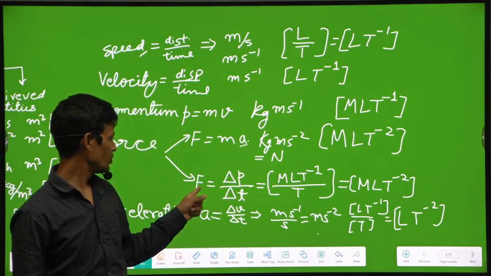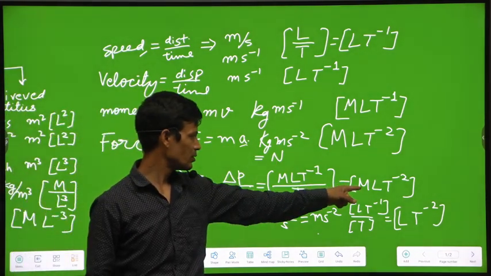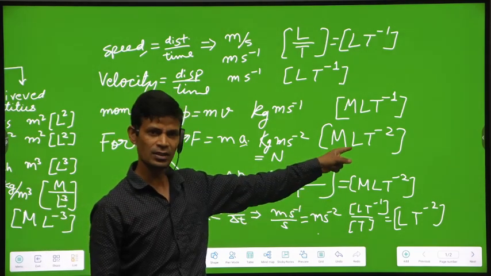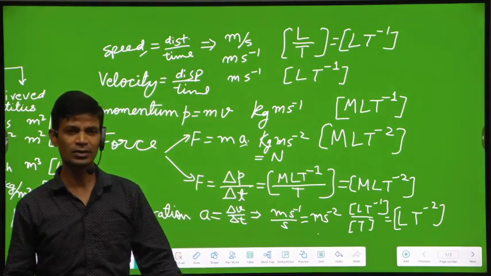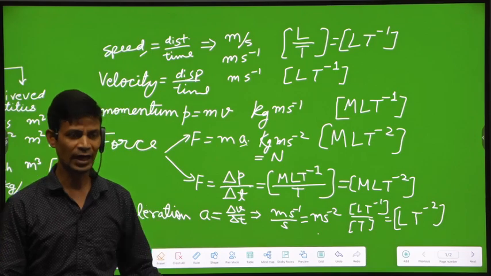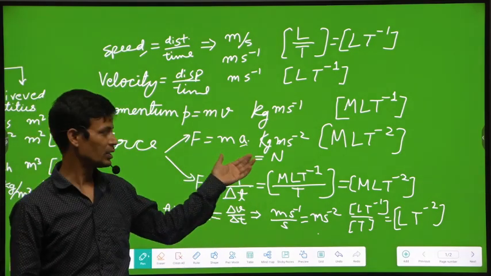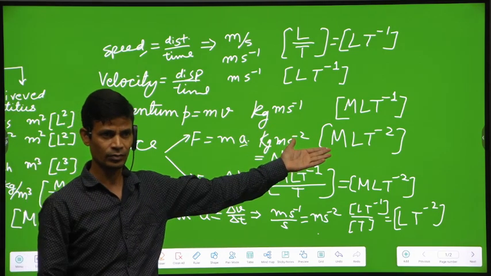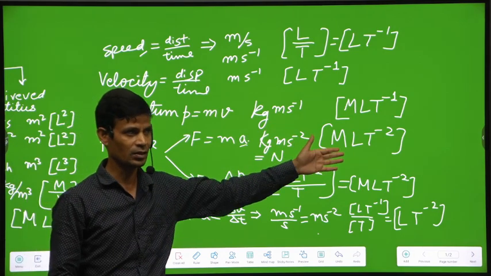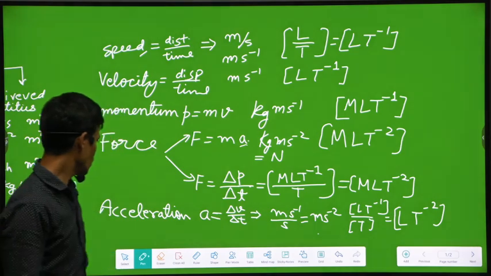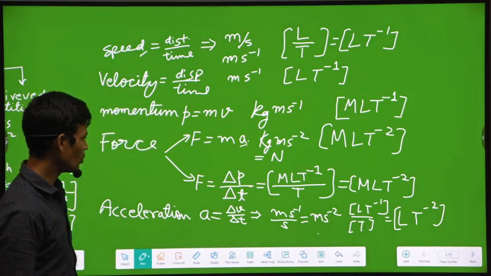So we have used this formula, still the answer is same, because a particular physical quantity has a unique dimension. It is a unique term.